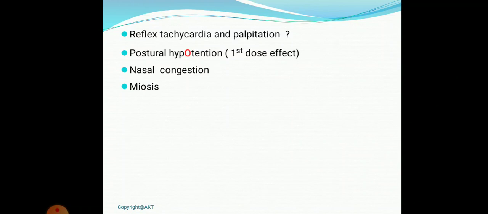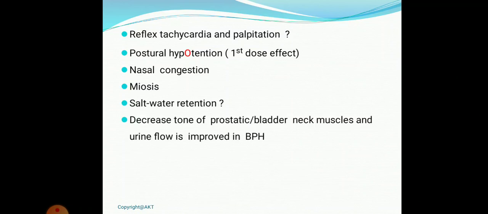Miosis, because of relaxation of the radial muscles of the iris, leading to passive miosis. Salt and water retention, because of reflex sympathetic stimulation in response to the fall in blood pressure, increasing renin release and activating the RAA system, the renin angiotensin aldosterone system.